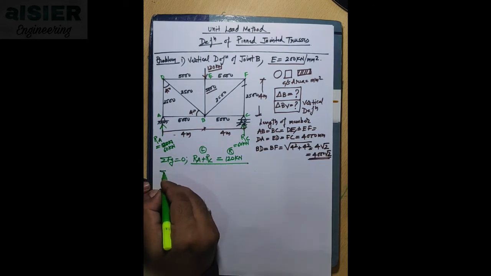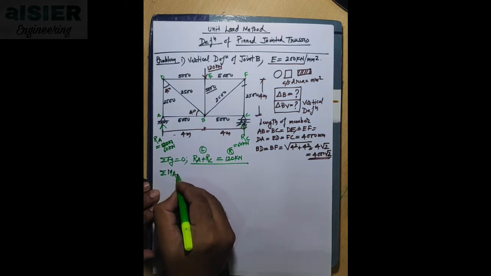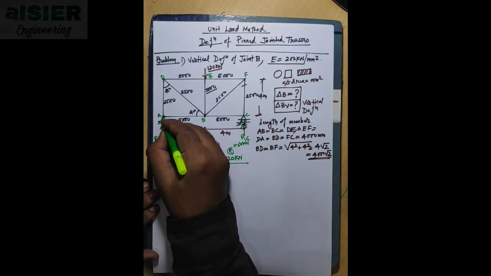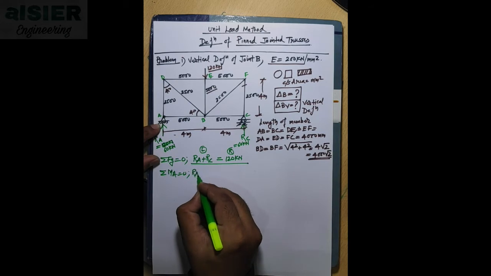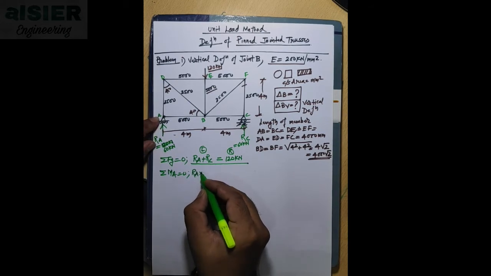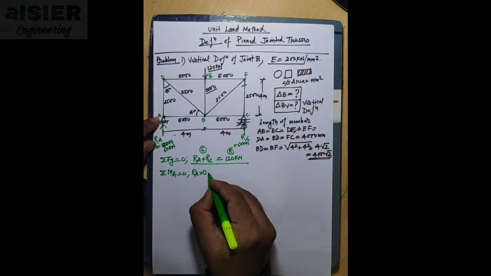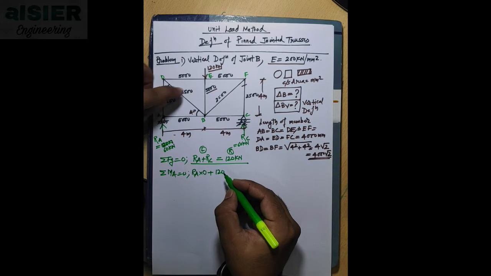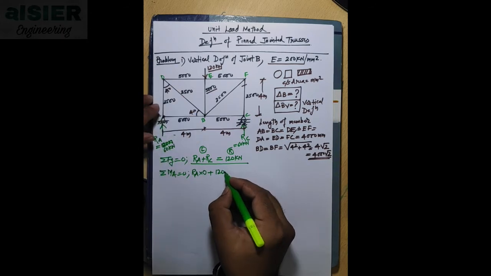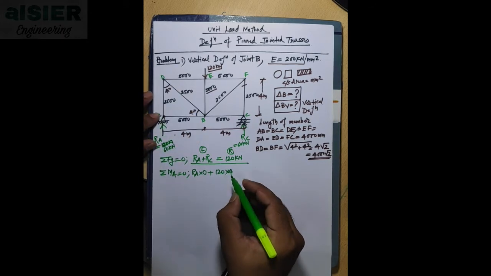Now again we will do the summation of moment at A is equal to 0. We will take moment at this point. Now Ra is passing through this point, and therefore the distance of Ra from A is 0, right? Then 120 is going clockwise, so plus 120, and the distance of this 120 from A is 4 meter, so multiplied by 4.